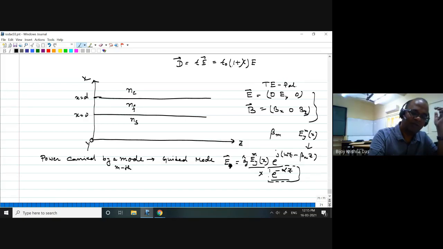Remember this one we have expressed as epsilon R, and whenever I am using this, this is called linear optics. But basically we write this as epsilon 0 E plus polarization. What is this polarization? We write it as epsilon 0 chi times E.